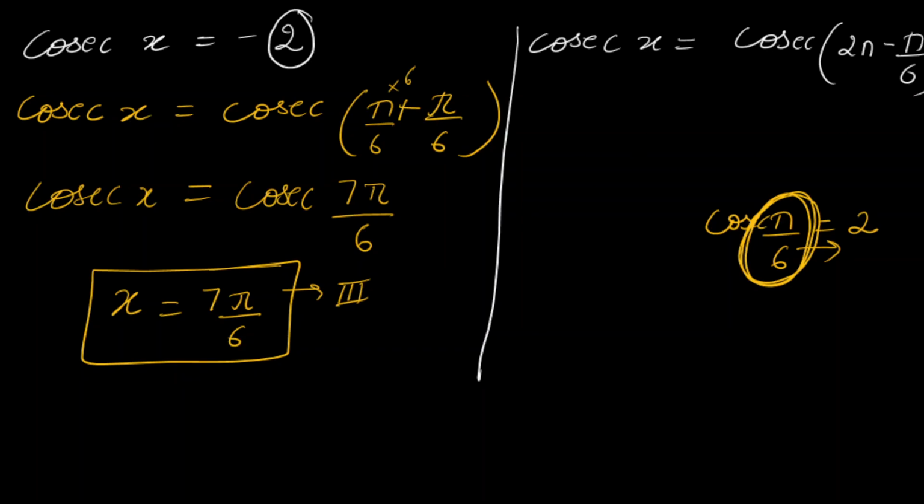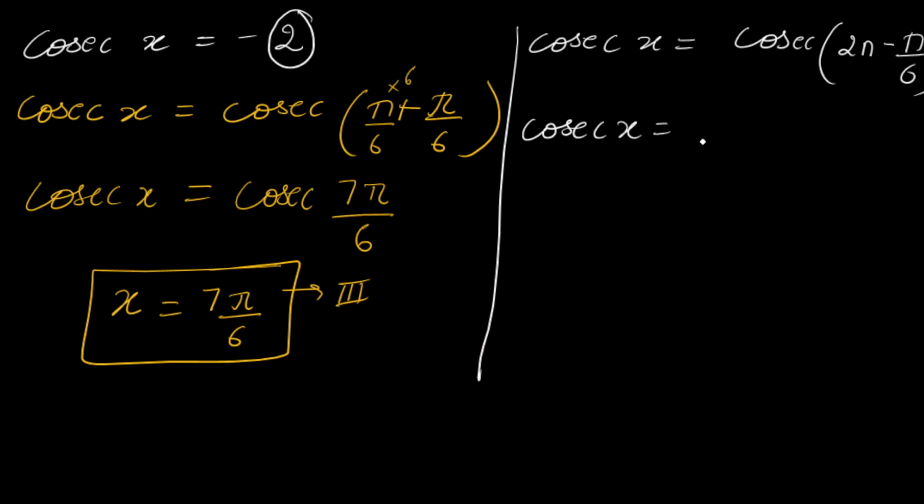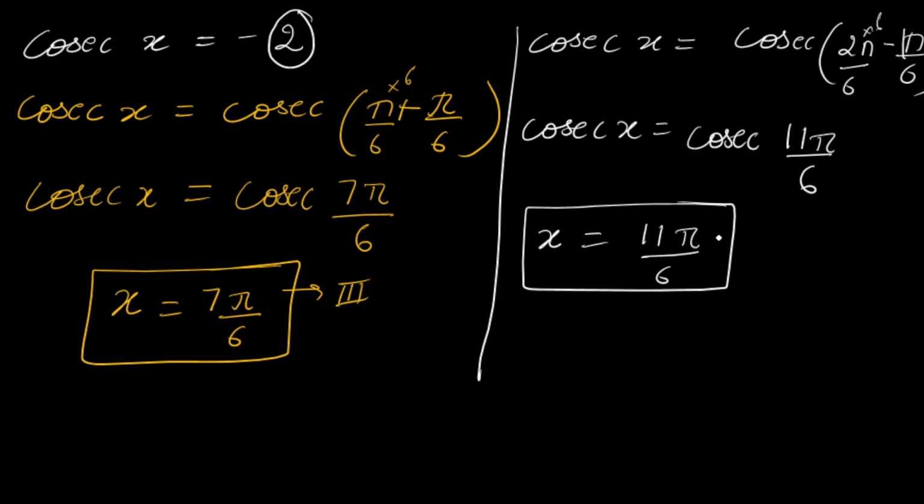When I simplify this after taking the LCM, 12 minus 1, so you will get the answer as 11 pi by 6. If you compare the angles on both sides, x is equal to 11 pi by 6. This is the second principal solution, and this value is of the fourth quadrant. So both the principal solutions we got.